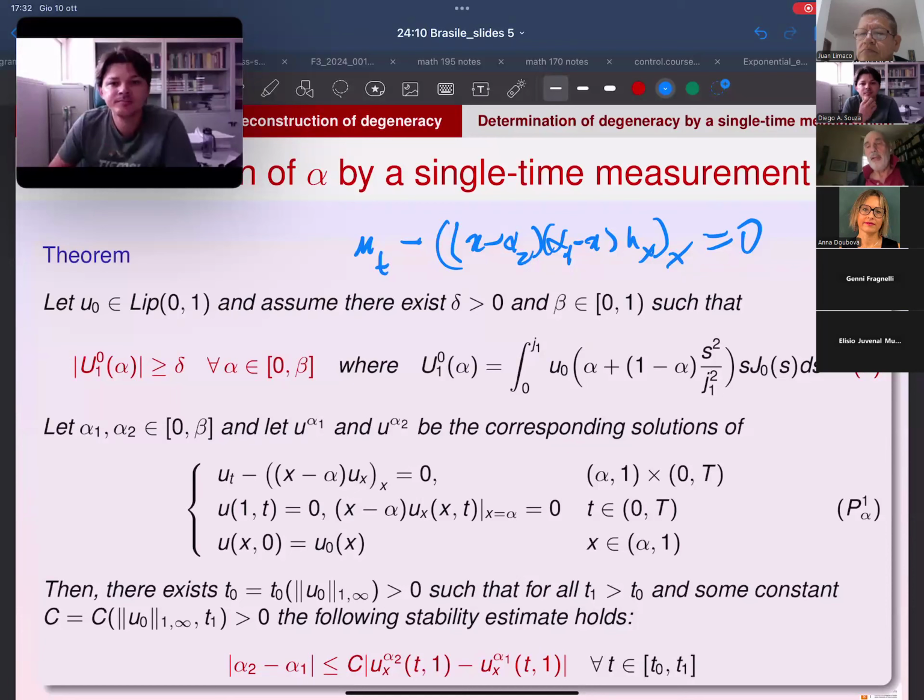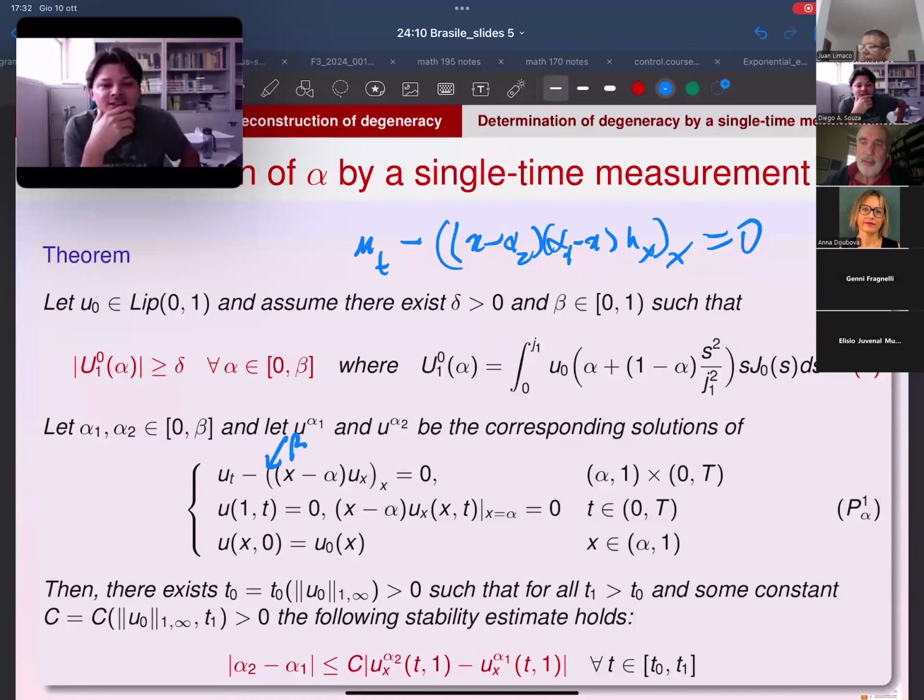So in order to be able to apply this result to the situation you have in mind, you should be able to study an equation like this with a coefficient, let's say, beta of x, non-degenerate here, right? Yeah. Okay. Again, I don't know how to do that at the moment. We know how it goes with beta equal to a constant.